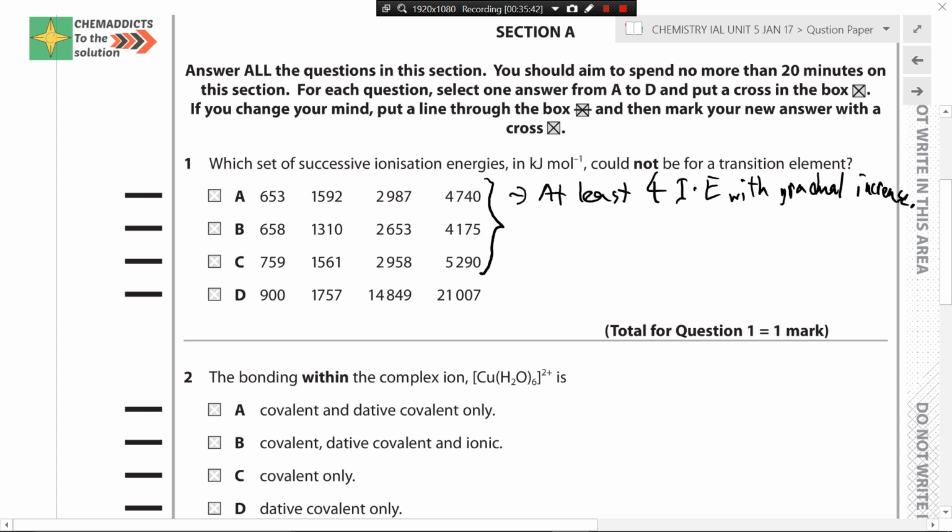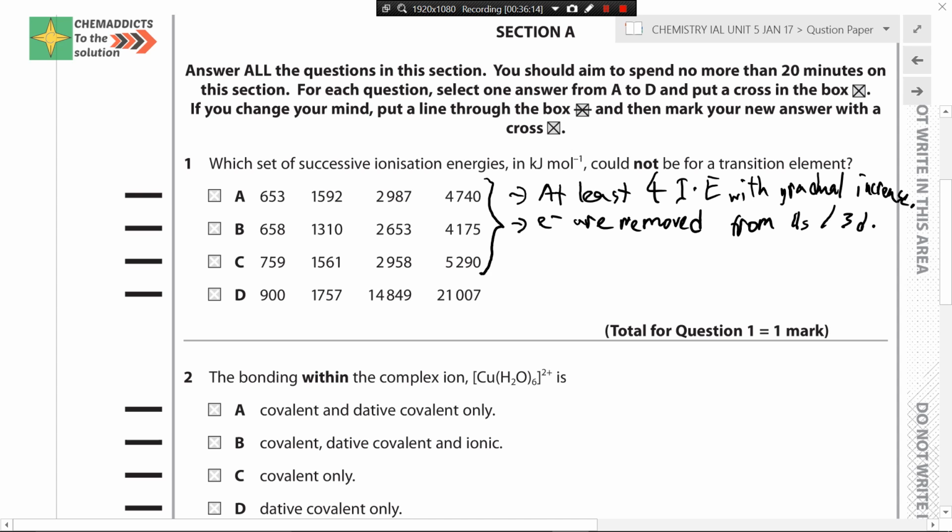Here we can say another thing: no electrons have been removed from 3s and 4d subshells. Electrons are removed from 4s or 3d subshells.